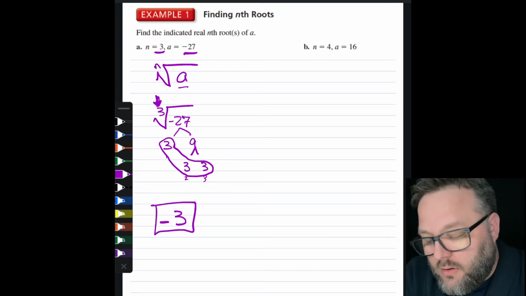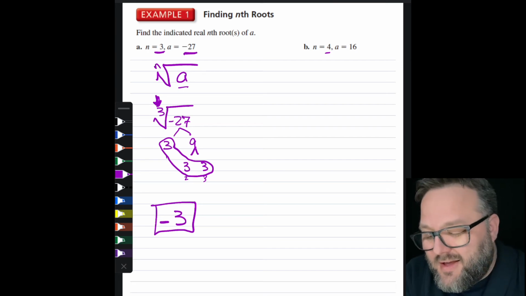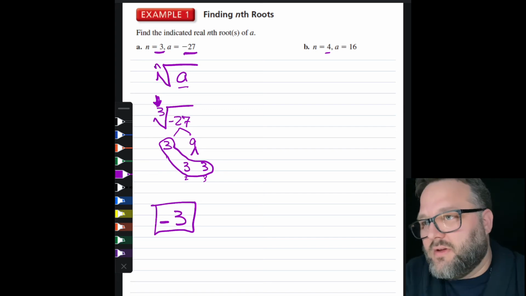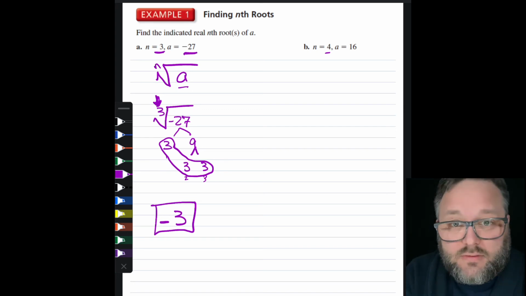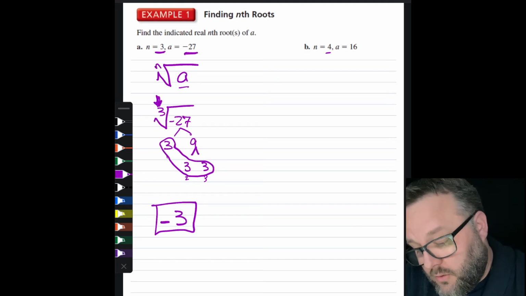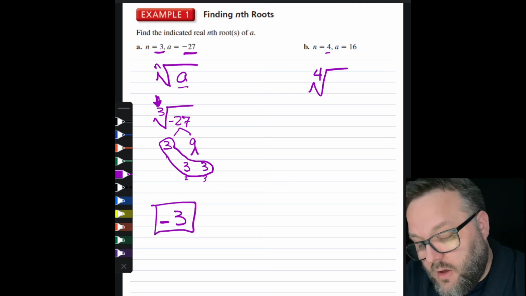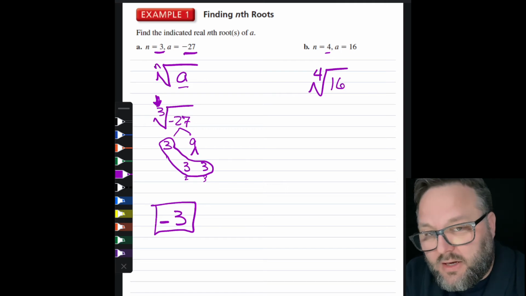Now, it's a little bit harder when n is even. When n is even, the answers depend on what a is, honestly. So I need to remember I'm finding the 4th root of 16. Now notice how I wrote that and I said it.